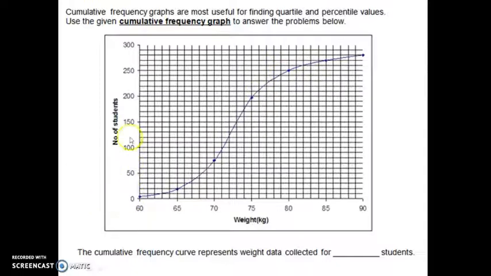This is the cumulative frequency, and the cumulative total of students would be the upper part here. So if you go to the upper part of the curve and trace it back, that's going to tell you how much total data you have. In this case, it's 250, 260, 270, 280. So our total amount of data is for 280 students.